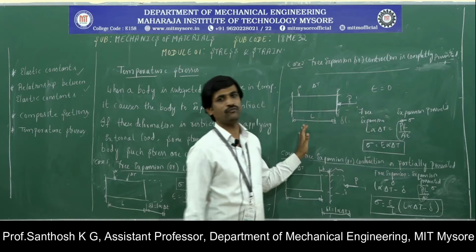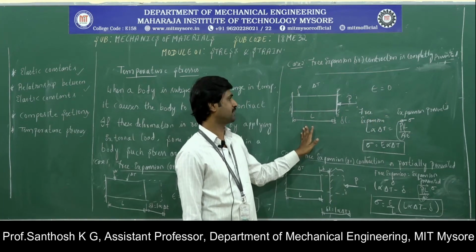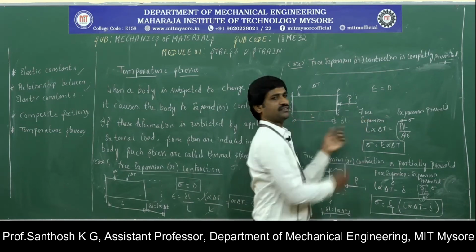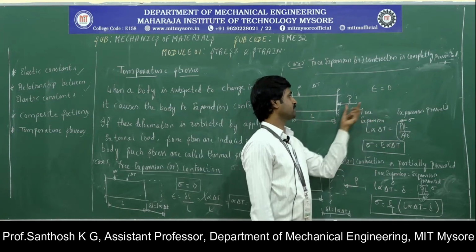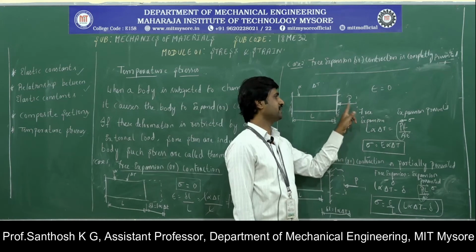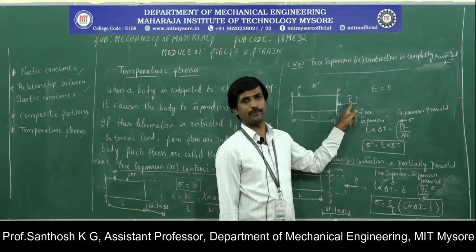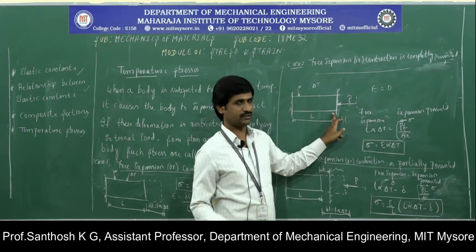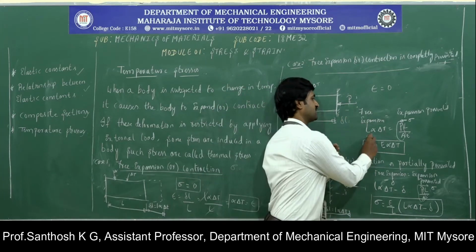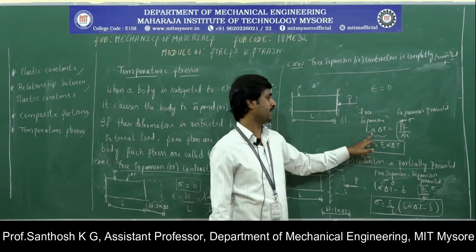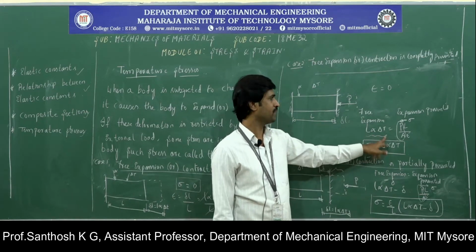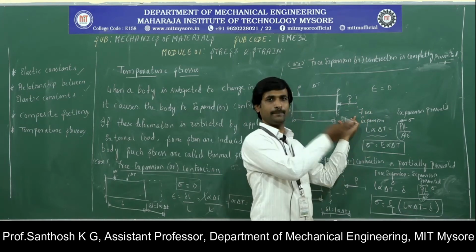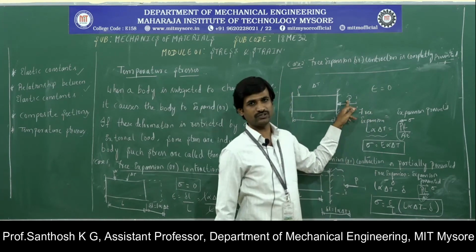Now in order to find the amount of stress induced in the member, we shall consider the condition that whatever free expansion is taking place is prevented by this support by developing a force P. If we don't have this support, the amount of expansion that would happen is L alpha delta T. Because of this support, this whole expansion is prevented by developing a force P.